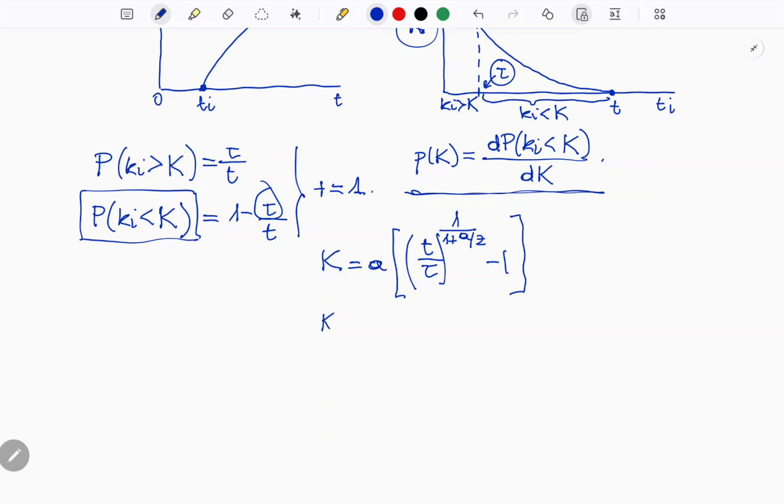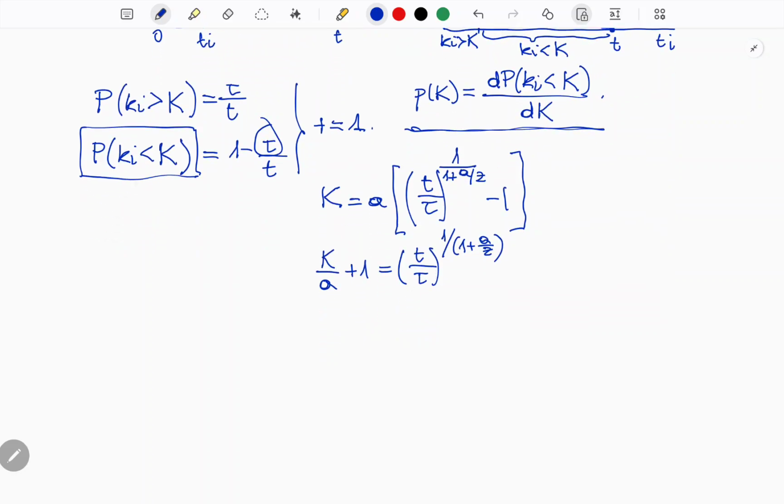So K over a plus 1 has to be equal to T over tau to the power of 1 over 1 plus a over z. And then I'm going to clear the value of tau.